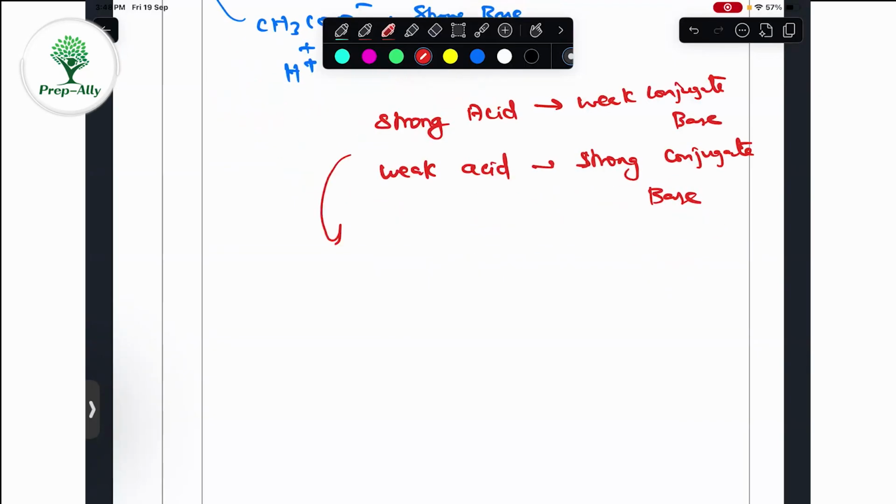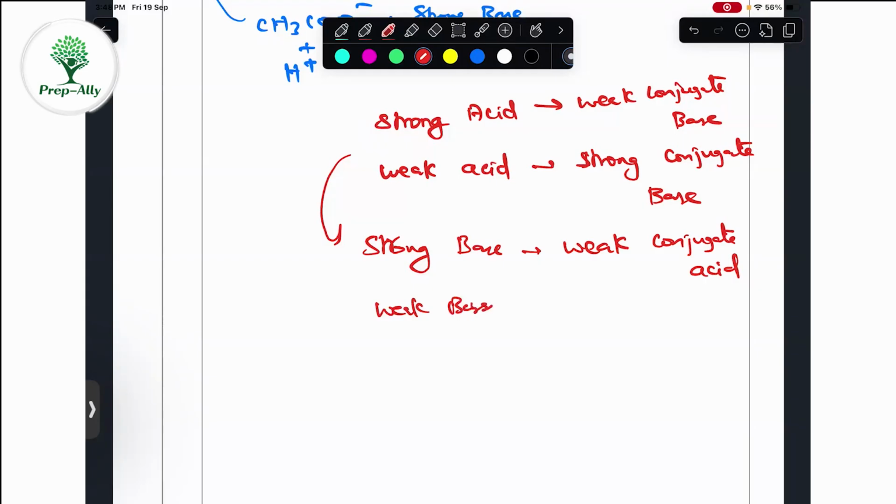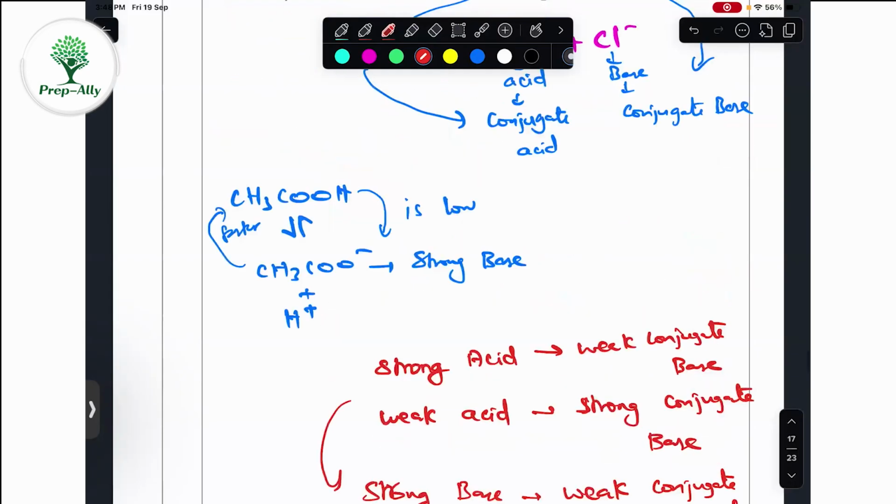And the other way, for a strong base, let's say, it will have a weak conjugate acid. For a weak base, it will have a strong conjugate acid. So if you remember this one, you can answer this very easily.